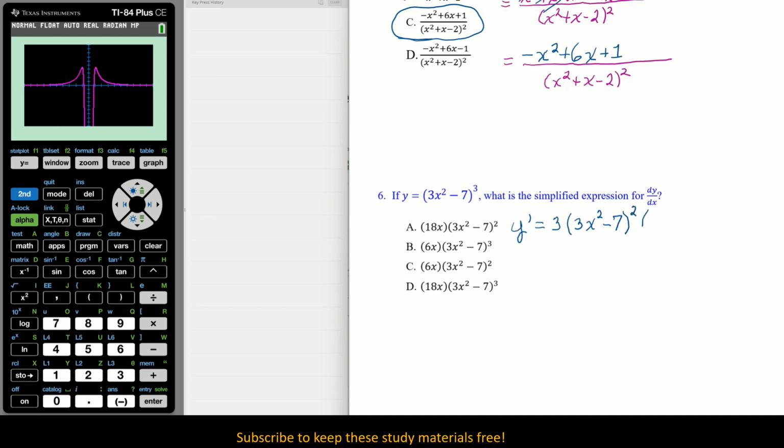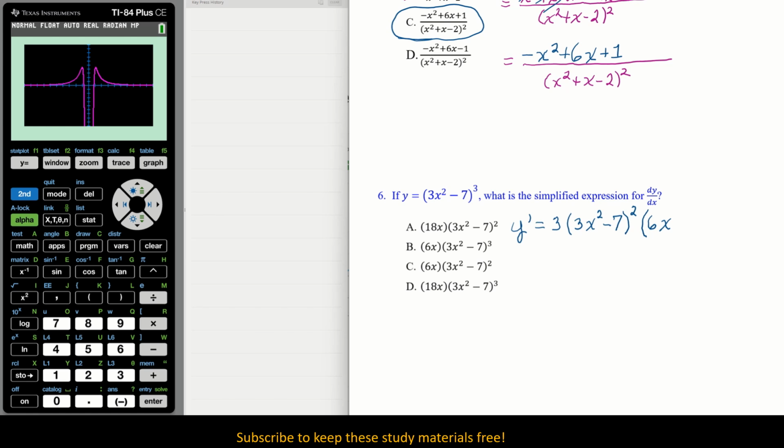Now, we multiply the derivative of the inside. We multiply that to what we have. So the derivative of 3x squared will be 6x to the first, and negative 7 just becomes 0. So we have 6x to the first, okay?